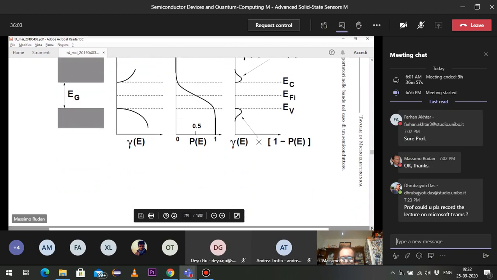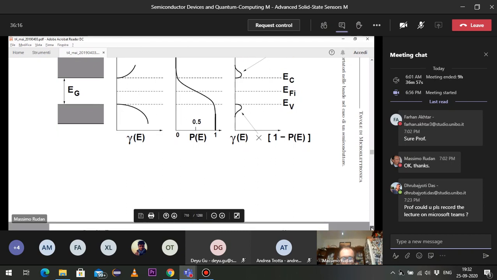And then we have to calculate the area subtended by this curve, and this is the integral of gamma times 1 minus PE. So we must perform the calculation.